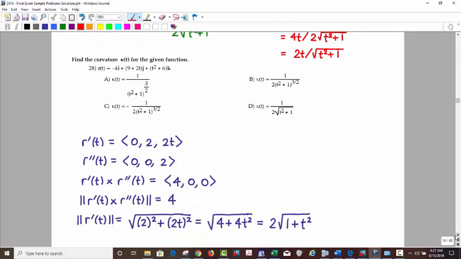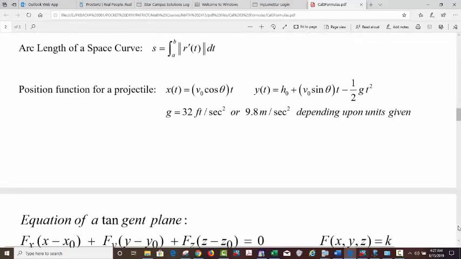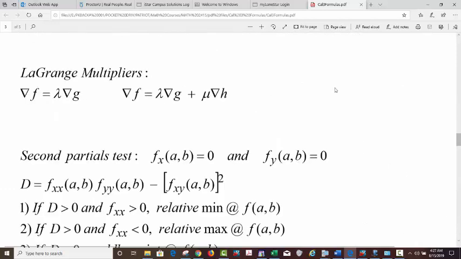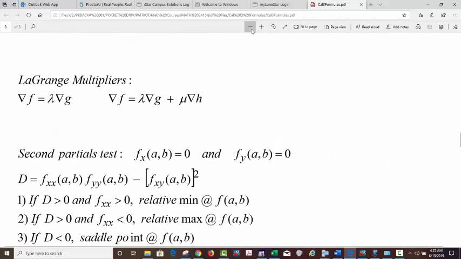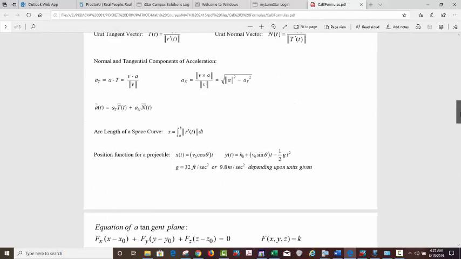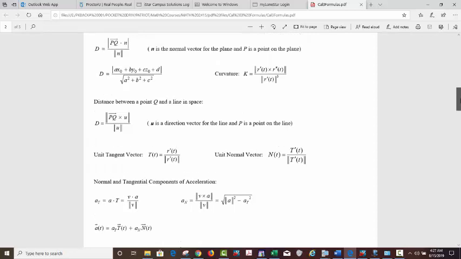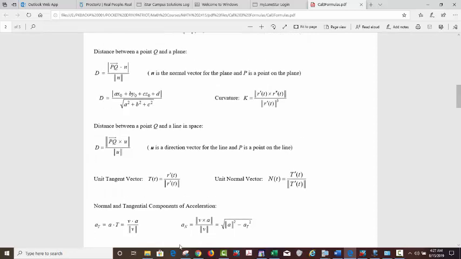Number 28, curvature. Let's see where that little formula is. Not a difficult formula to apply. I'm just going to show it to you on here. And there it is.